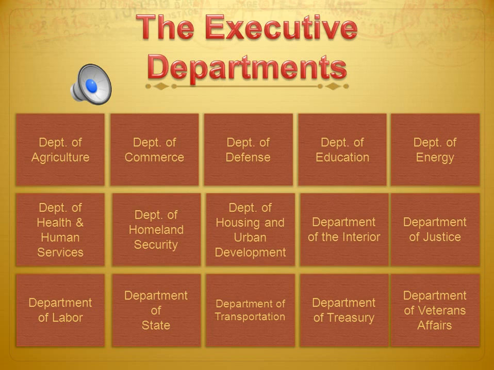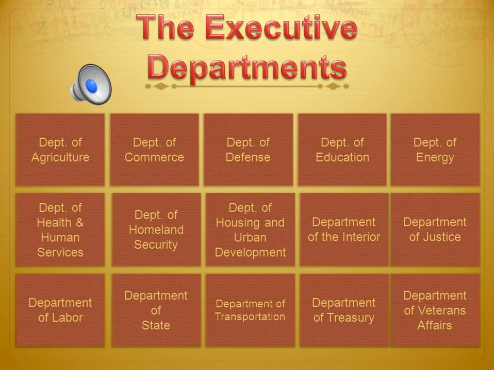They're all over the country. Like the Department of Agriculture has offices in every state so that it can help farmers and consumers through its many food services. Its Food and Nutrition Service provides food stamps and maintains the school lunch program. These programs make food available to those in need.